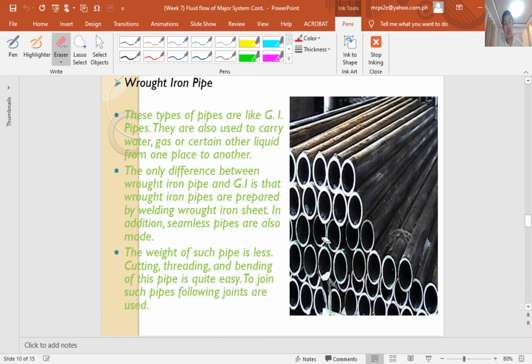This pipe is also used for hydraulic fluid and hydraulic oil, because this is a high pressure pipe. On the ship we also call this one a block pipe, used for hydraulics. As you can see, the thickness is thicker than the other pipe, so this is for high pressure. This is called a wrought iron pipe.